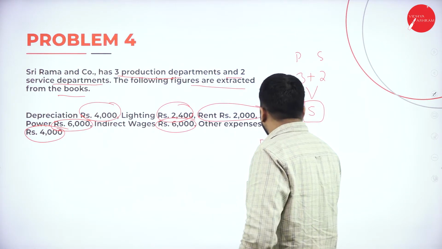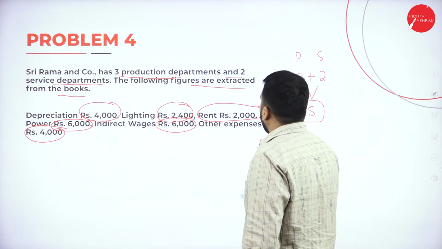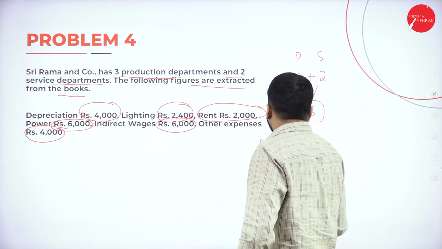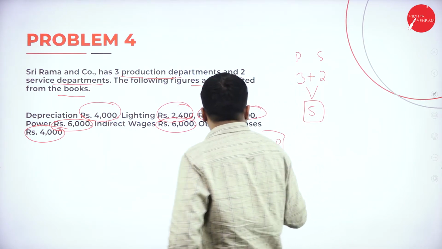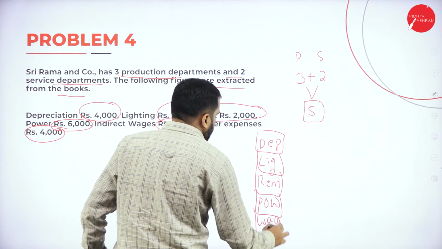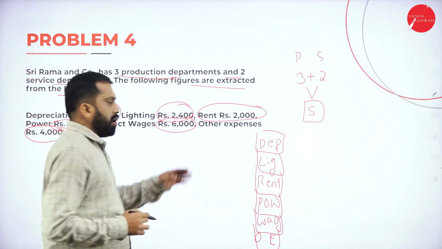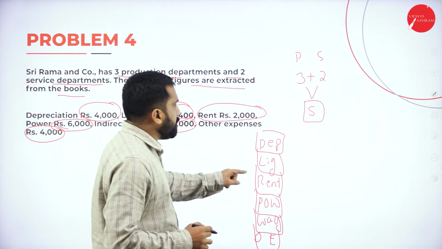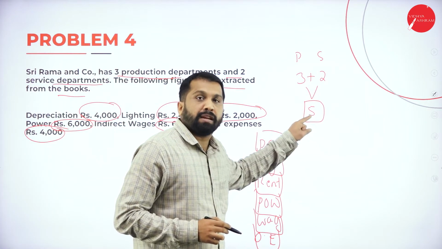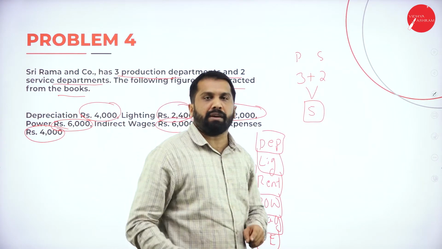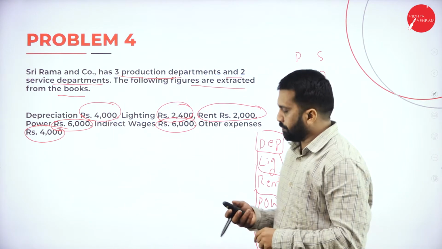After power we have wages. After wages we have other expenses. Now what are we supposed to do? We have 1, 2, 3, 4, 5, 6. All the 6 expenses given have to be borne by these 5 departments. How will they be distributed? For that we have to check the working note.